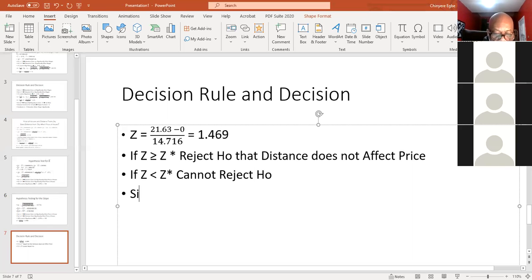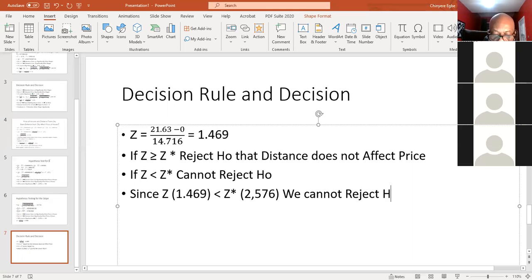So since Z of 1.469 is less than Z star of 2.576, we cannot reject the null hypothesis that distance does not affect price.